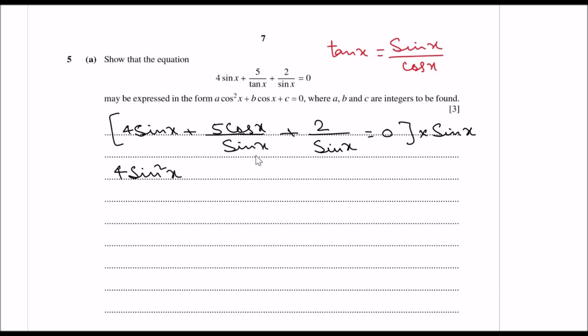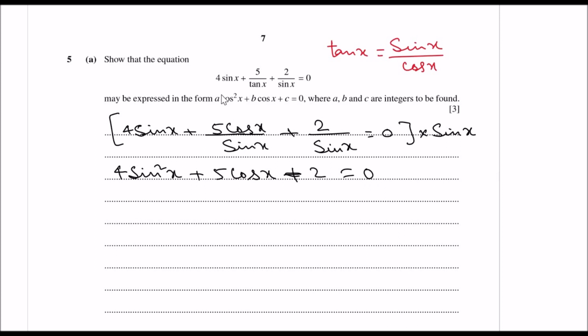Now 5 cos x by sin x times sin x, so sin x cancelled out, so plus 5 cos x. Okay, now 2 by sin x times sin x, so sin x again cancelled out, so we are left with only 2, and 0 times sin x is 0.